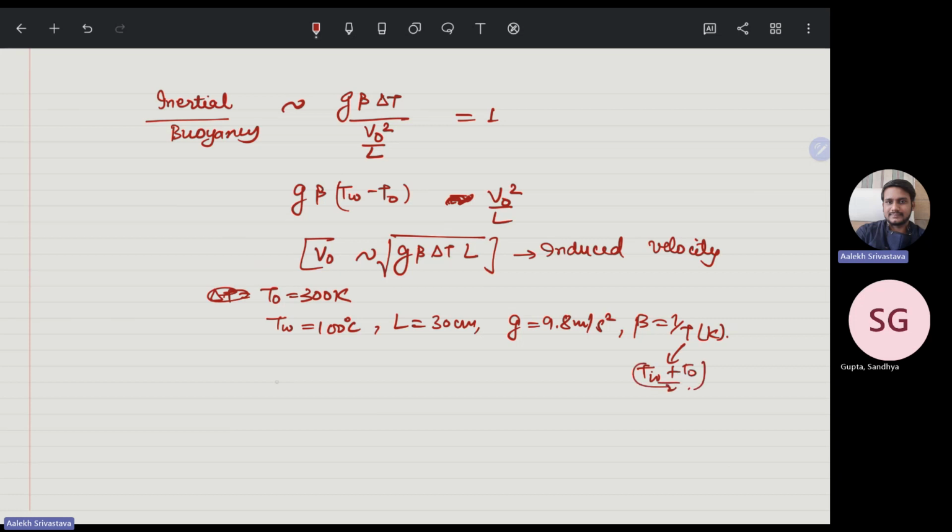If you simply put in and solve, you get the approximate V0. Okay.